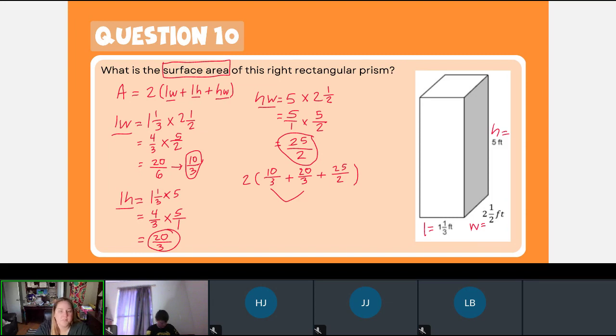Okay, so add the tops. 10 plus 20 is 30 over 3. And let's bring down our other fraction, which was 25 over 2.